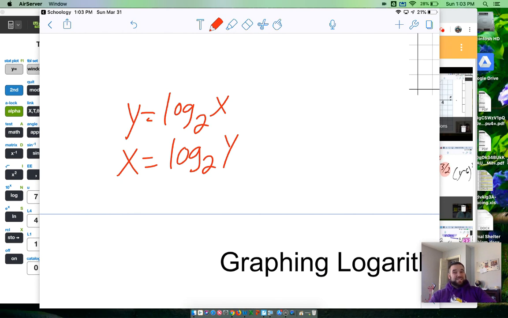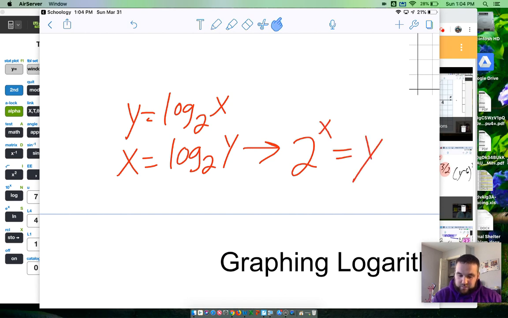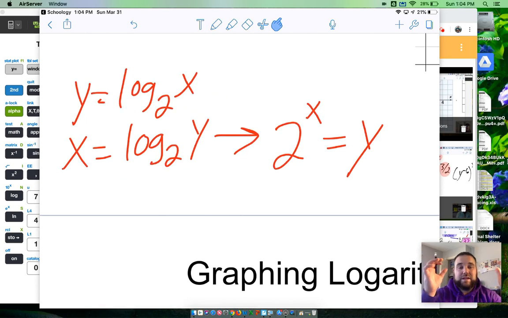And the cool thing is, to get y by itself, all I'm going to do is write that equation that we have, this bottom line here, as an exponent. So if I have log base 2 of y equals x, that means 2 to the power of x must equal y. And that's so powerful because we know what the graph of 2 to the x looks like.